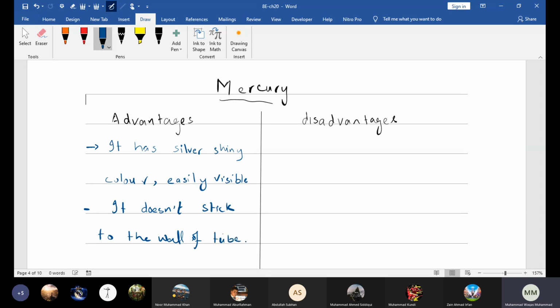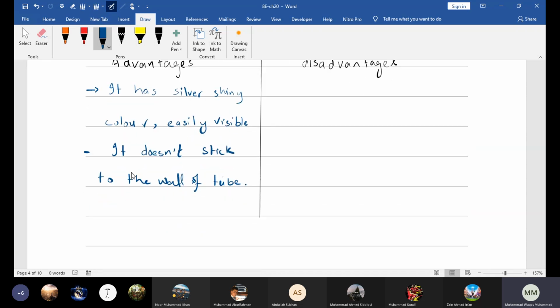And like I told you, it has a really high boiling point, about 357 degrees Celsius, so it is good for measuring high temperatures.